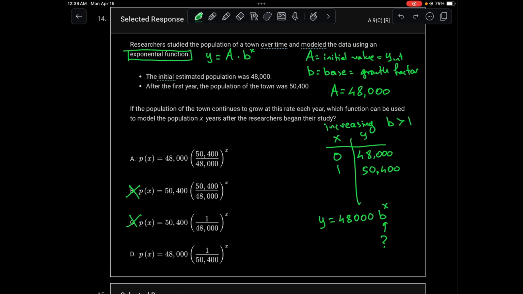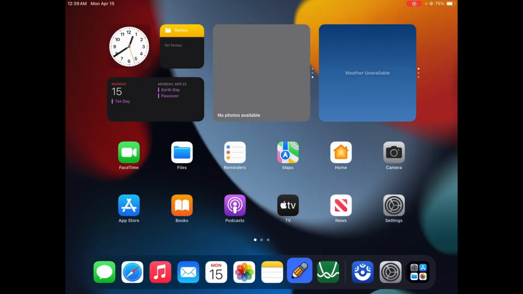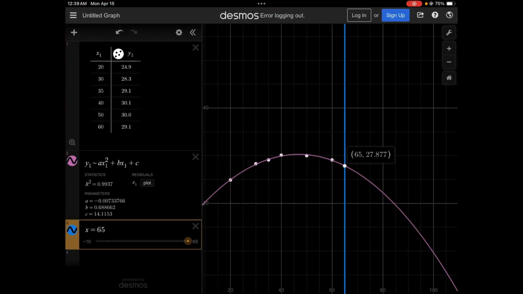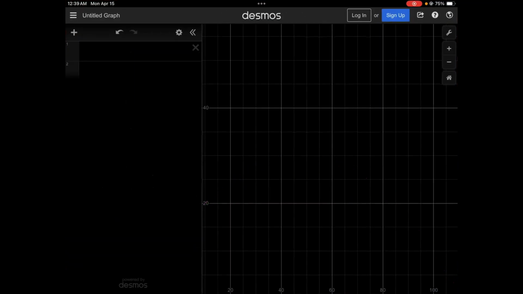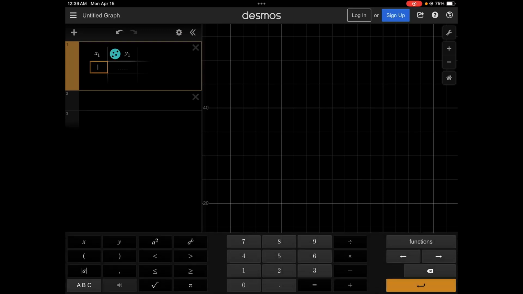Okay, but suppose you don't know this and you can't narrow it down. Let's see how we would use the calculator to get the answer. Okay, so I'm going to make a table, and this table is going to have year 0 with 48,000.